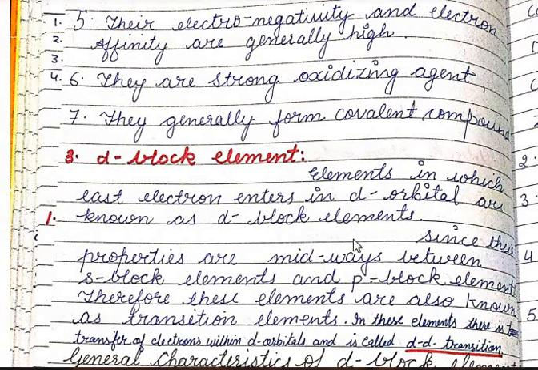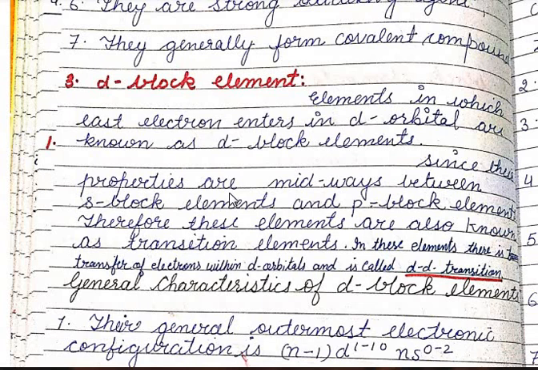Since their properties are midway between S block elements and P block elements, these elements are also known as transition elements. In these elements, there is transfer of electrons within d orbitals, and this transition is called dd transition.